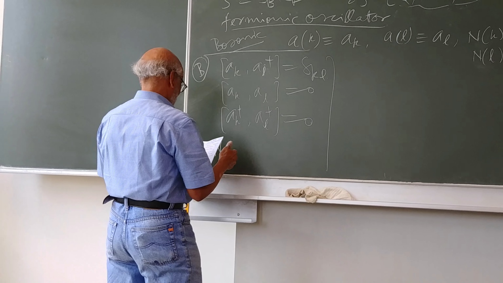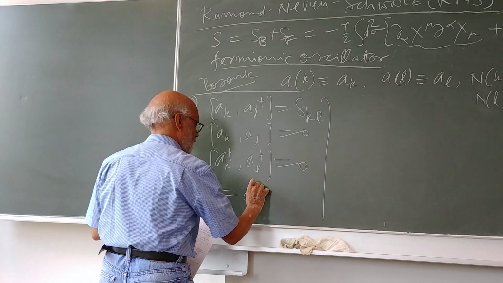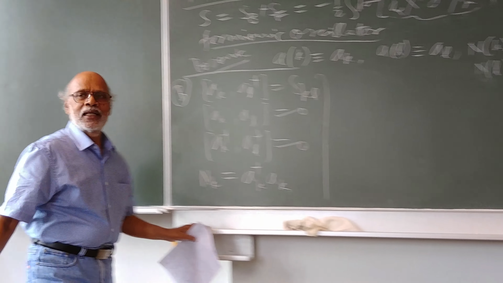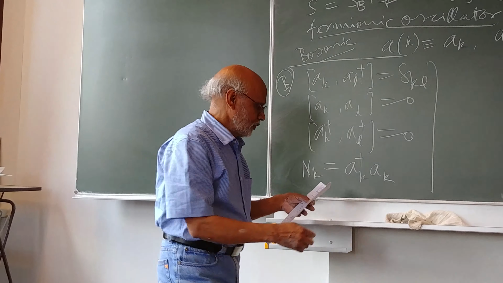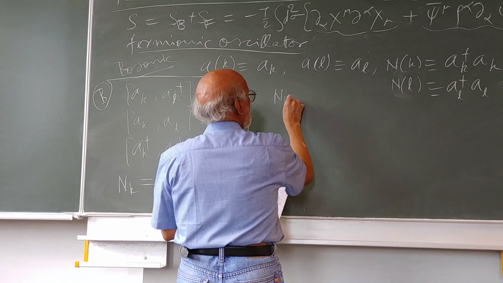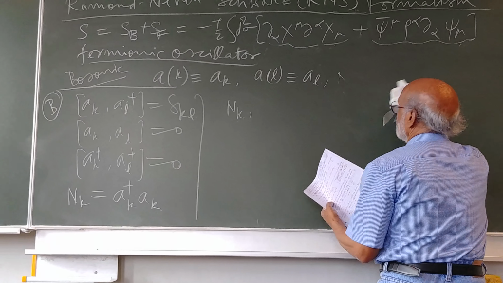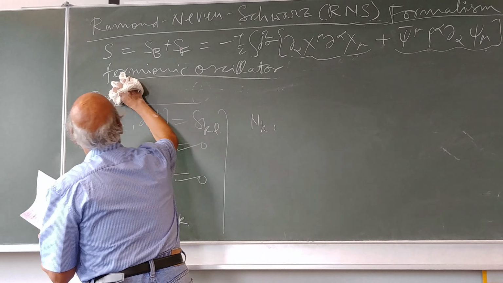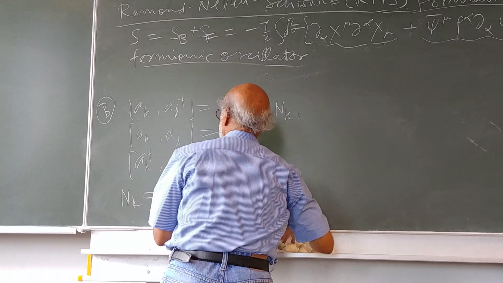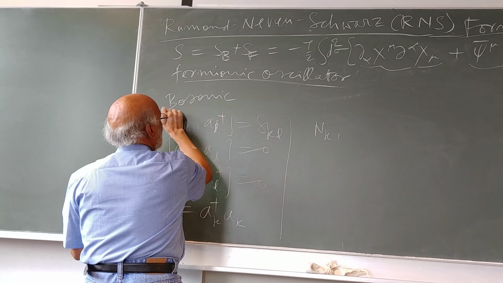Okay. So this n of k is a dagger k times a of k. Okay. And then one can easily prove that, we have defined this, so we do not need this.